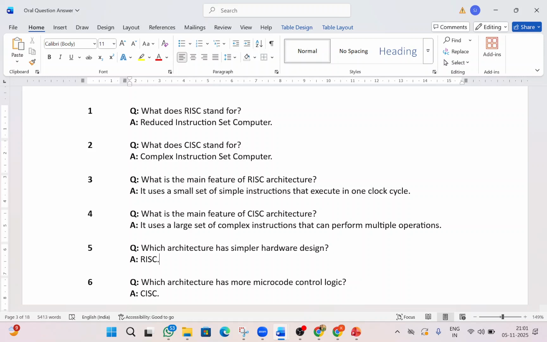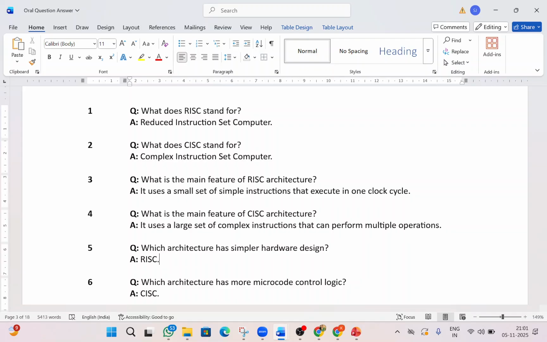Next question, the fourth one. What is the main feature of the CISC architecture? CISC, complex instruction set computer, uses a large set of complex instructions that can perform multiple operations.